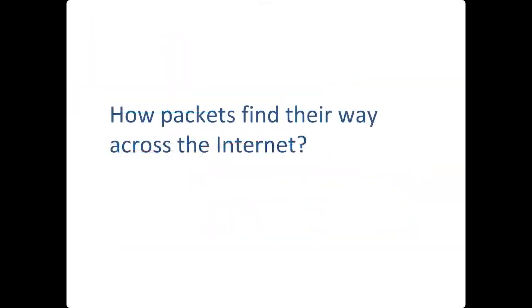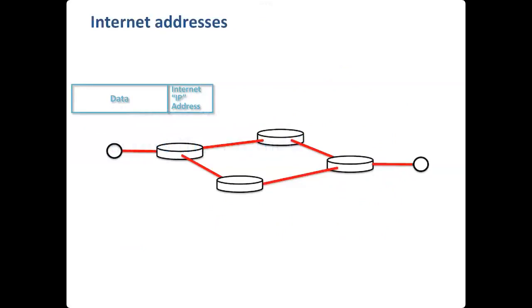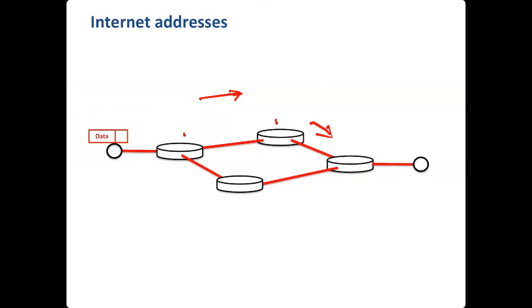So now the question is how packets find their way across the internet, and the answer we know by now is that there is an IP address, and each node on the way looks at this destination IP address and then takes a local decision to send it to the appropriate link.